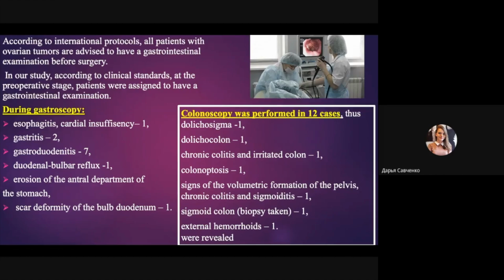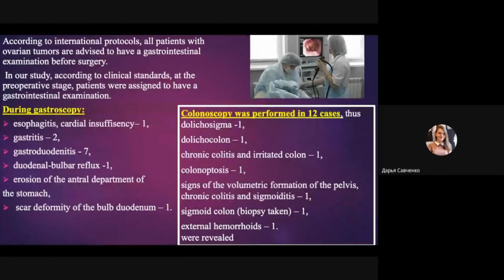According to the international protocols, all patients with ovarian tumors are advised to have a gastrointestinal examination before surgery. During gastroscopy, we found esophagitis, duodenitis and others.